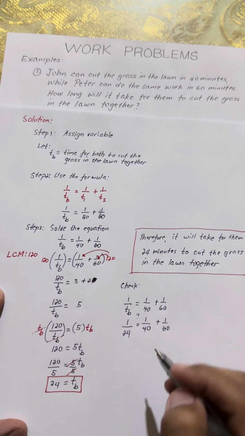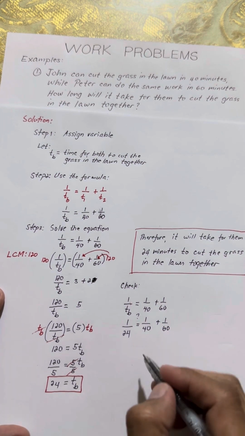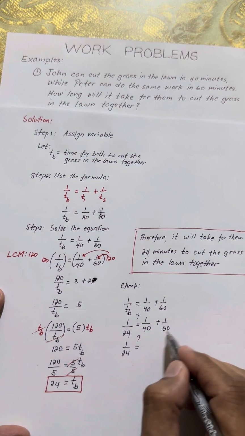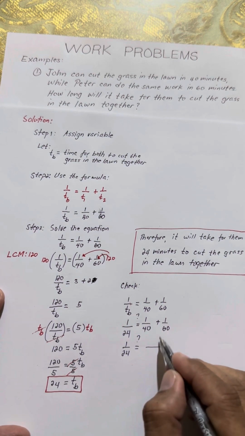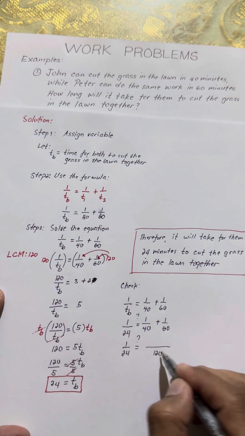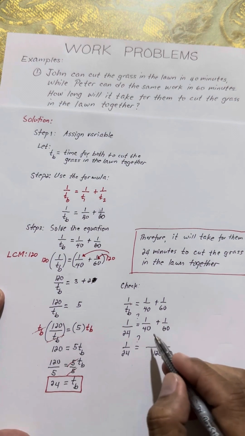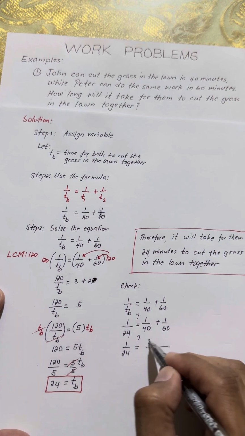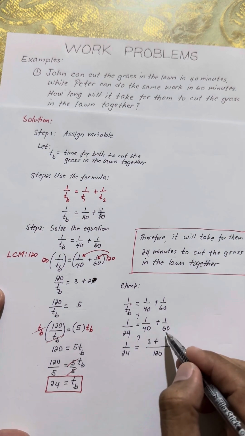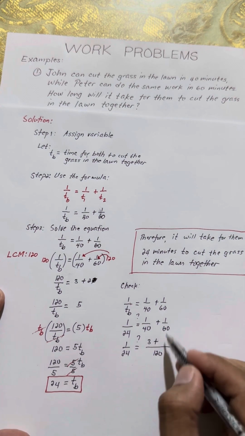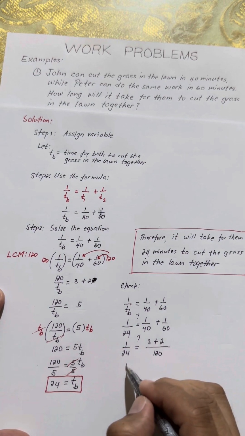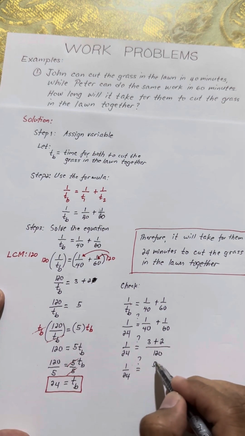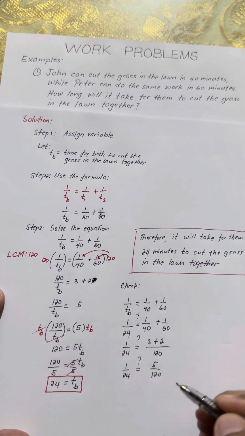That's something to verify. Find the LCM here, which is 120. So 120 divided by 40 is 3 times 1, plus 120 divided by 60 is 2 times 1. So is 1 over 24 equal to 5 over 120?